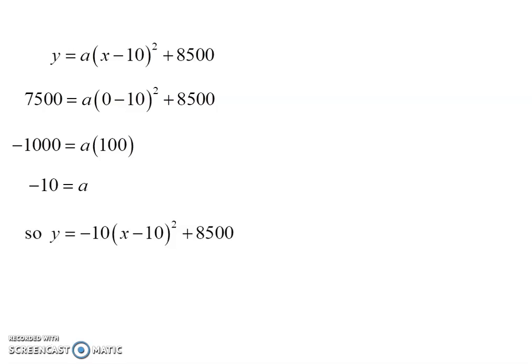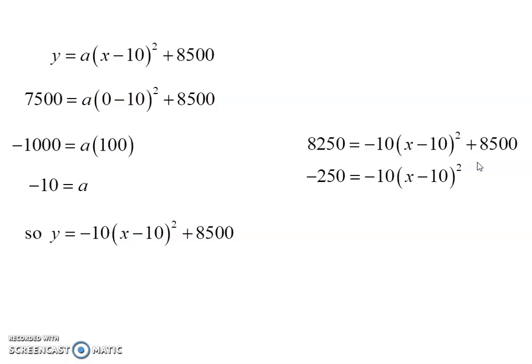The problem said that the indicator light came on at a height of 8,250 meters. So this is another skill that we've gone through outside of the context of word problems. If you're given a y value, which was our height, you should be able to solve for the x. I'll isolate the bracket and I'll take the square root.